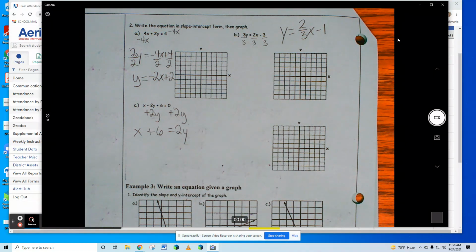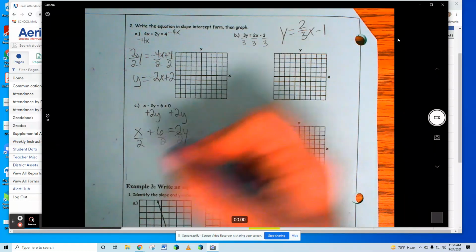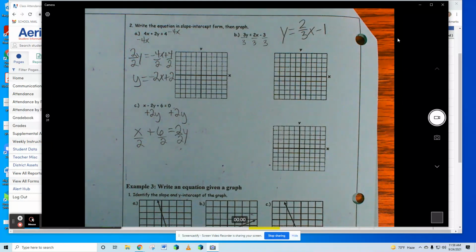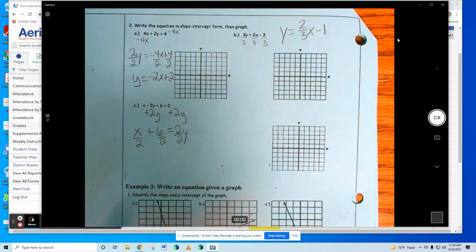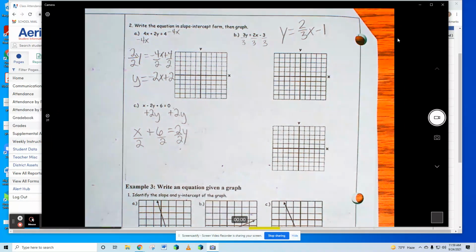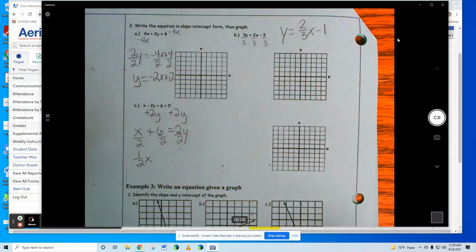Your brain likes it better when it's switched, yeah? First, I'm going to divide by 2. Everything. Okay. X over 2. 1/2 x. Did you know that x over 2 is the same as 1/2 x?